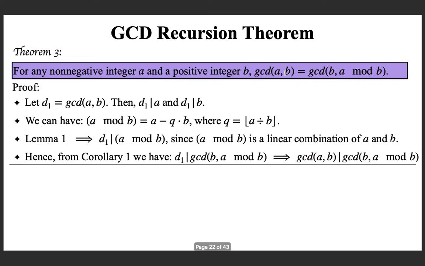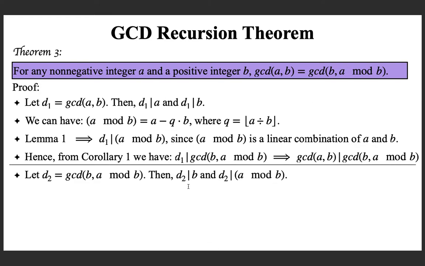One part is done. Now let D2 be the GCD of B and A mod B. So previously we assumed that D1 is the GCD of A and B. D1 is the LHS. Now we are assuming that D2 is the RHS of this equation.